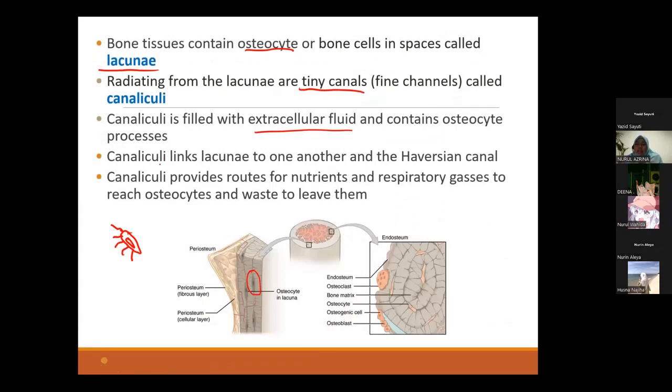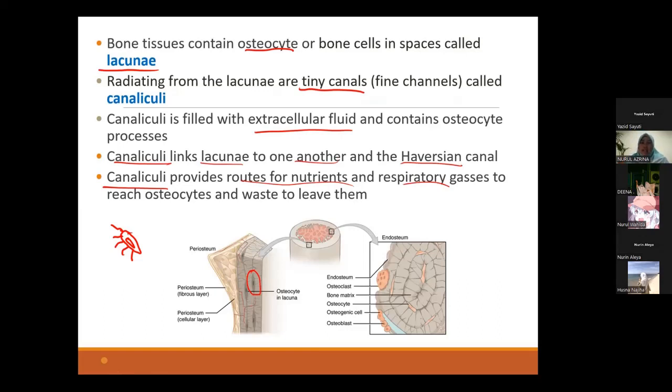Okay, so canaliculi link lacunae to one another and to the Haversian canal. So you can see that the canaliculi is actually sort of like connecting one lacunae to another lacunae and going towards the Haversian canal. Okay, so canaliculi provide routes for nutrients and respiratory gases to reach osteocyte and ways to leave the osteocyte.